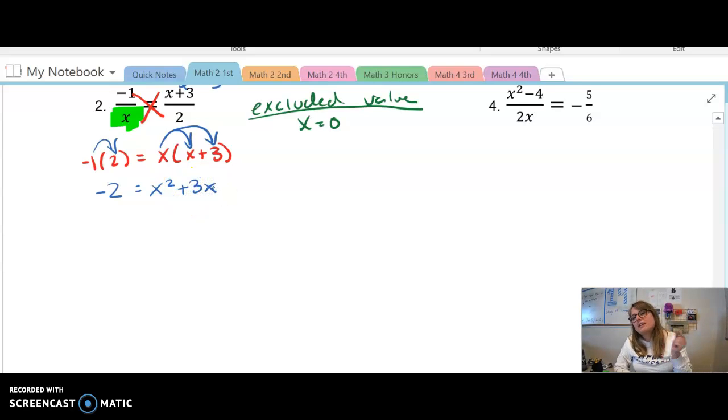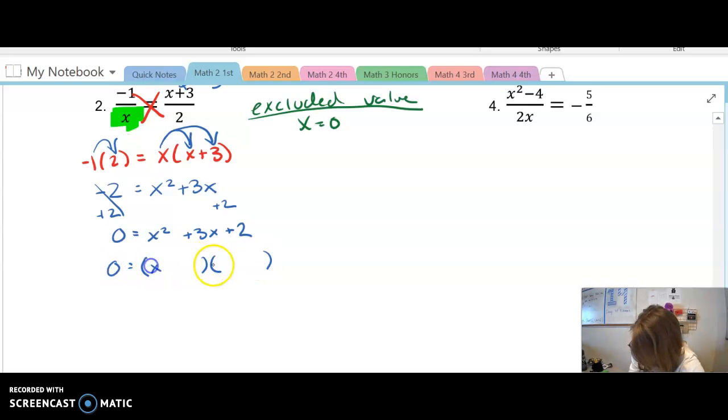Well, look at that. We have a quadratic. Now we have to do that third step where we set up a, b, and c, meaning I have to set this equation equal to 0. I'm going to add 2 to both sides, and so I get 0 equals x squared plus 3x plus 2. We can now factor this nice little quadratic.